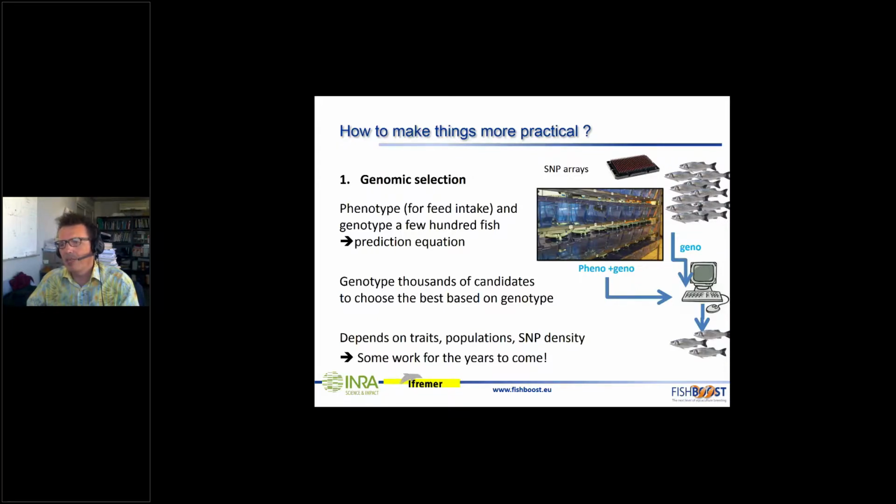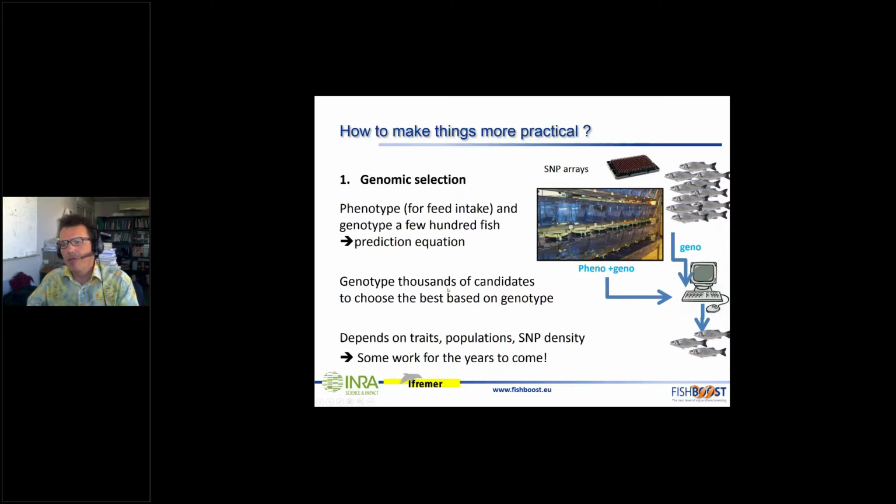And once you get this prediction equation, you can have other fish that are only genotyped, and then you can select the best fish from this genotyped fish. And if genotyping is not too costly, then you can genotype many fish and make a higher selection pressure without having to measure thousands of fish in these tedious systems.